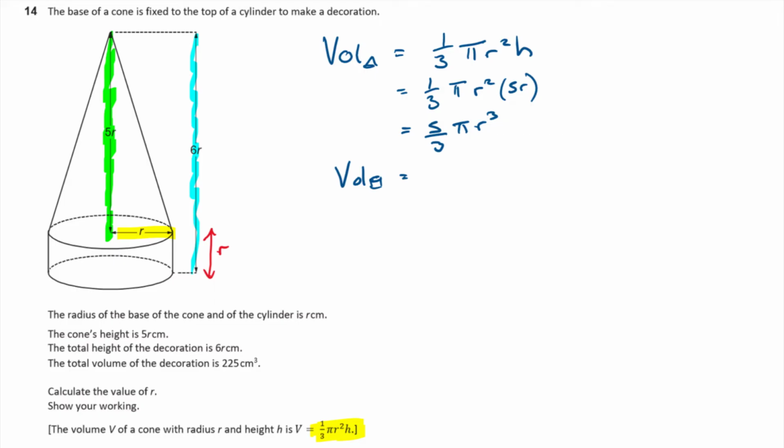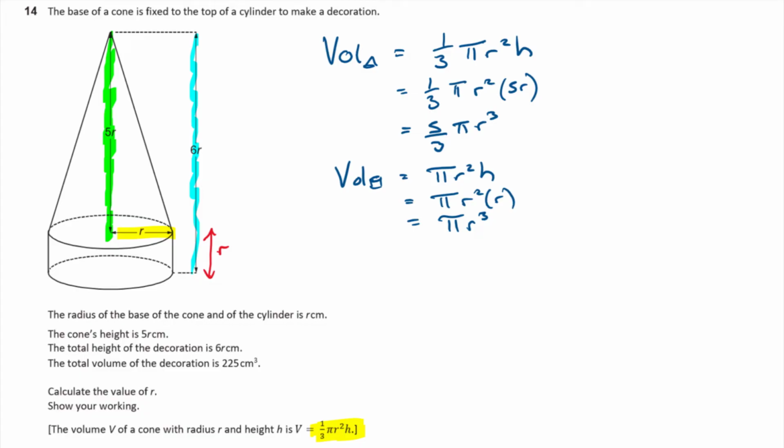A cylinder is just a circular prism, isn't it? And the volume of a prism is equal to its cross-sectional area, which in this case is a circle, pi r squared, times its height. Okay, so that's the formula for a cylinder. Now the height for this one is r, so it's just going to be pi r squared times r, which is pi r cubed.